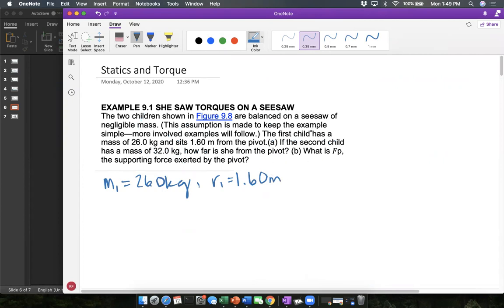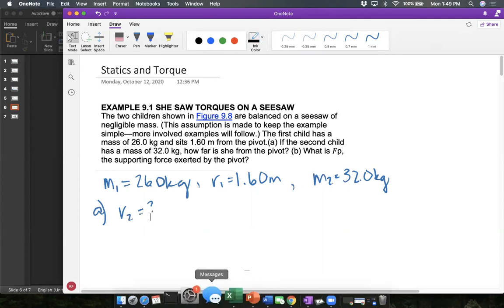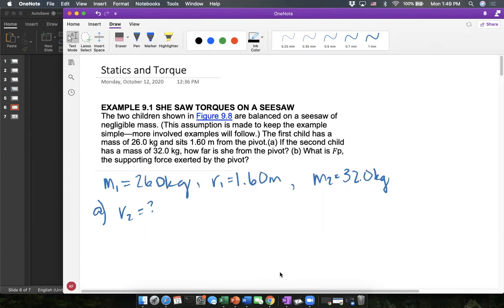The second child has a mass M2 of 32 kilograms. How far is she from the pivot point? So we want to know what R2 is. Go ahead and pause this and maybe start thinking about what we can do to solve this problem.